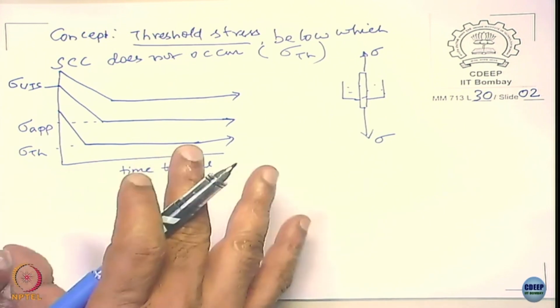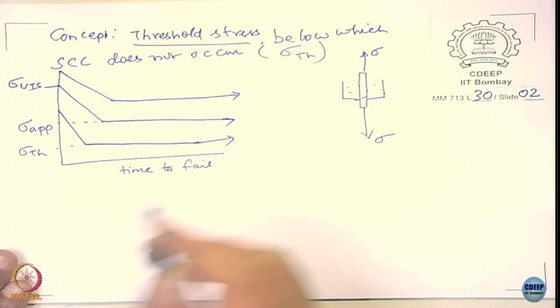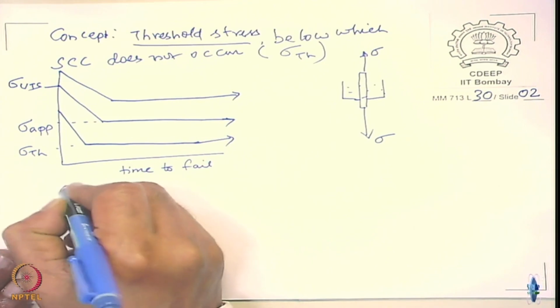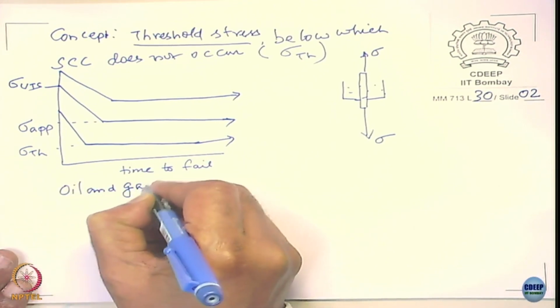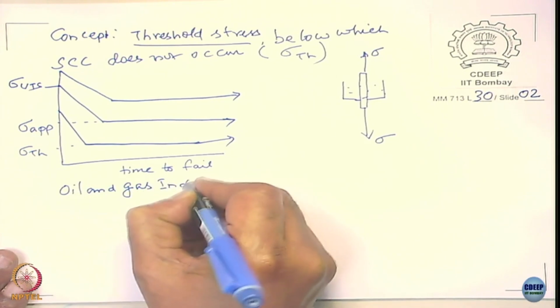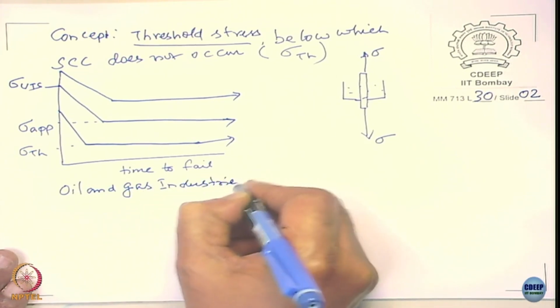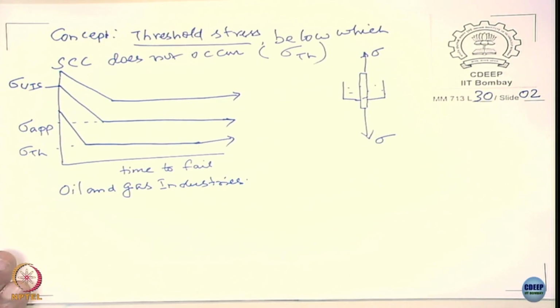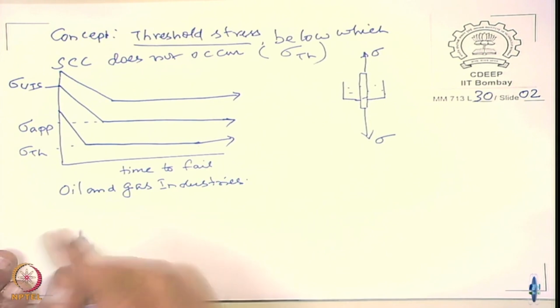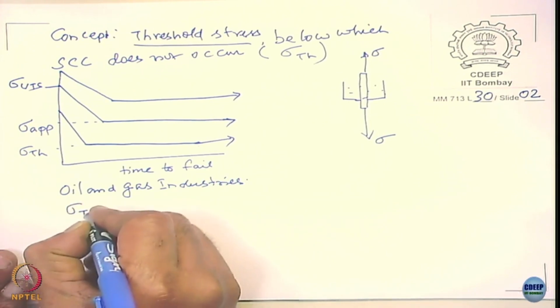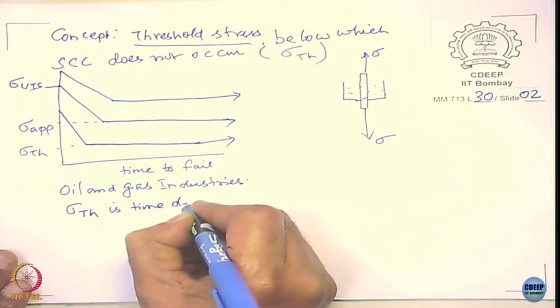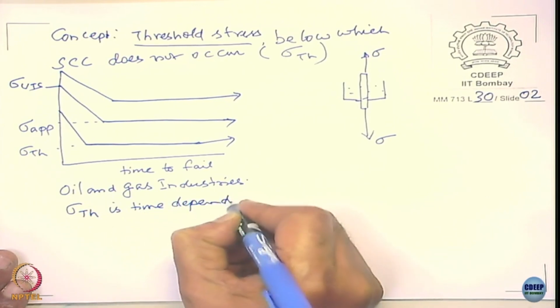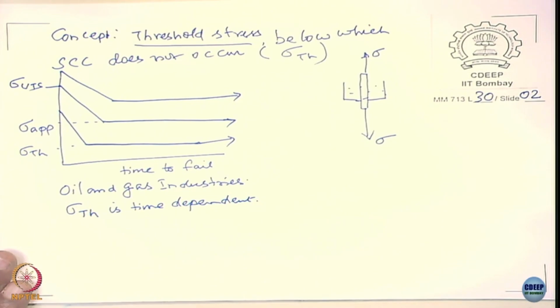Now this is used in some cases, especially in oil and gas industries. They use this concept. But you notice that the threshold stress that we talk about is time dependent, right.